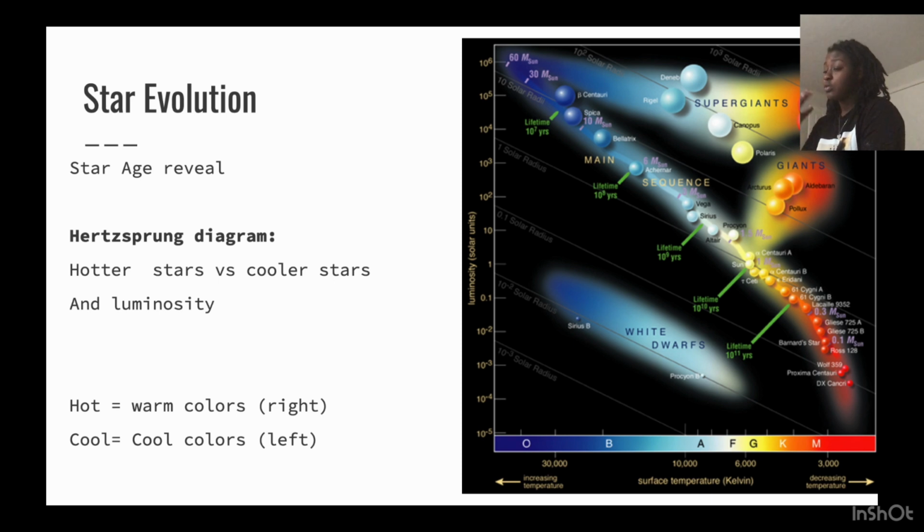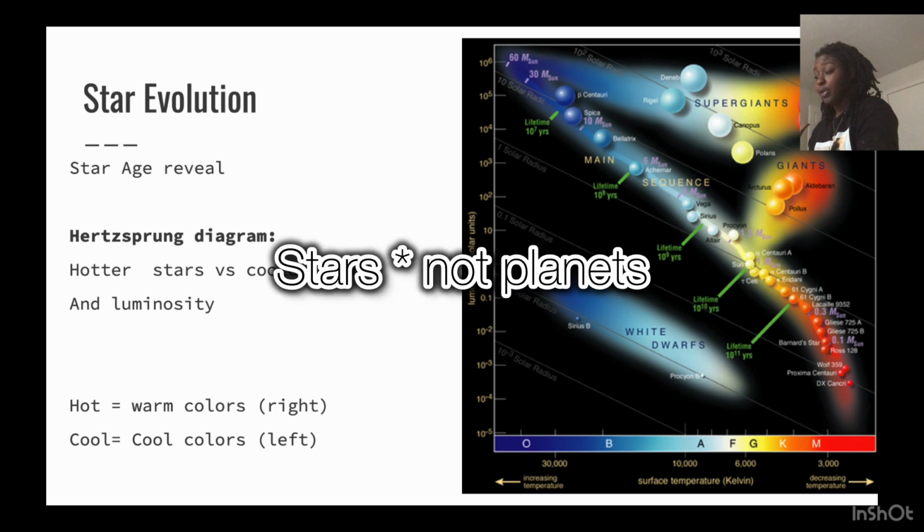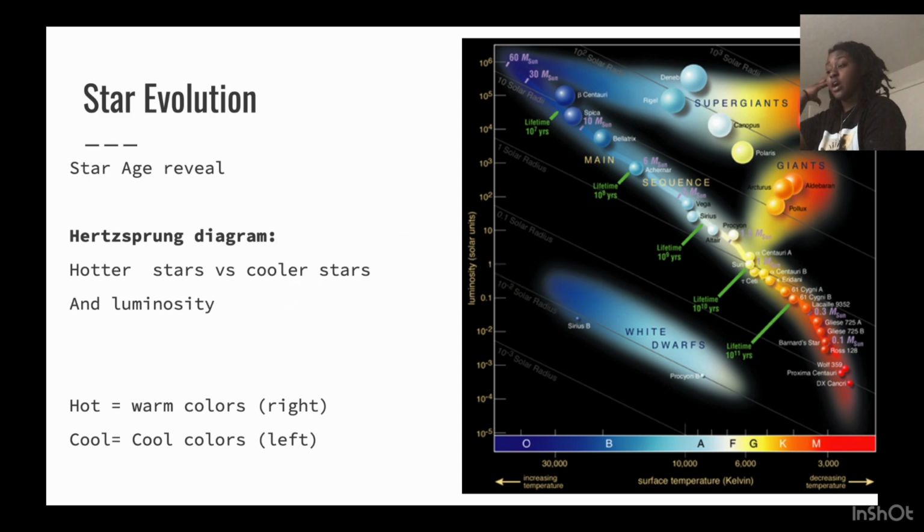As the graph goes to the top of the y-axis, that is luminosity increasing, and as it goes to the right on the x-axis, it's for surface temperature increasing. So the hotter it gets, the more to the right you go. The more up you go is how much energy the star is emitting.